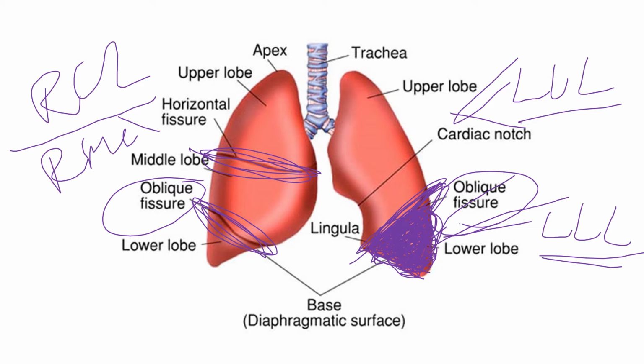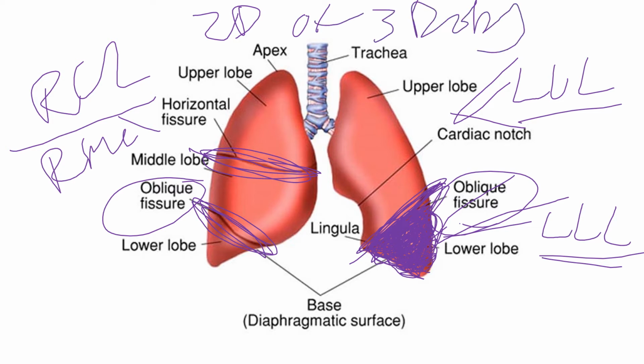Now think of the lungs as a 3D thing. I know you're looking at a 2D picture, so this is a 2D picture of a 3D object. I wish you all had an actual pair of lungs that you could handle here, whether it's pig lungs or whatever.